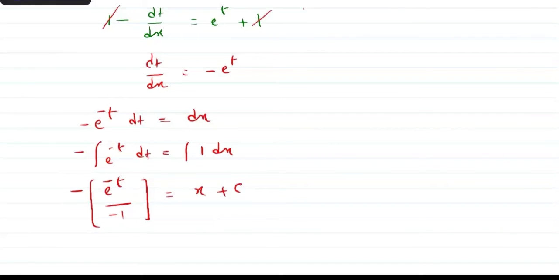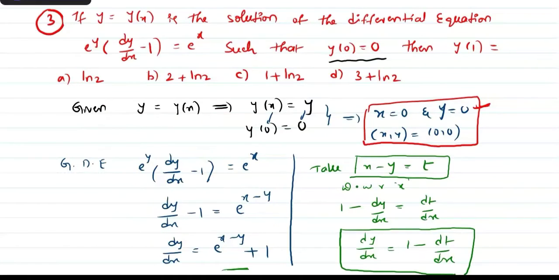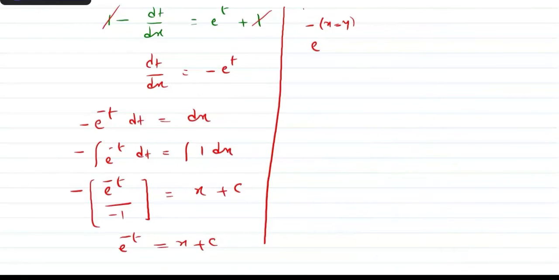So it is very clear, minus minus will get cancelled, and e^(−t) equals x + c. But what is t replaced there? The t value we have taken as x − y, right. So e^(−(x−y)) equals x + c.